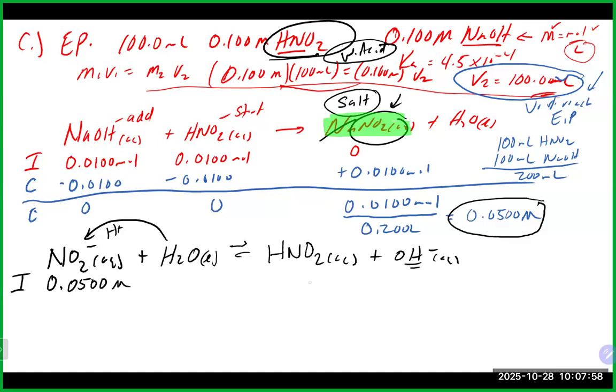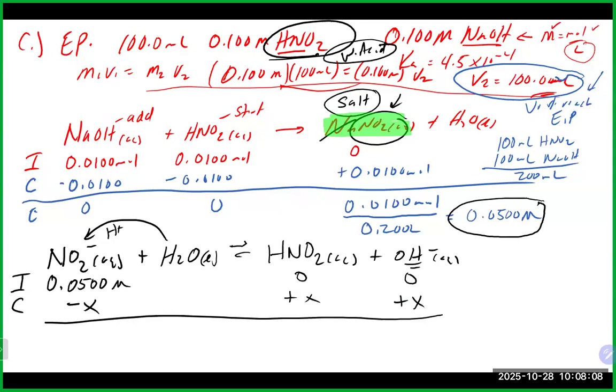And remember, we're going to go 0, 0. This is now going to turn into an X type table here. So plus X, that means at equilibrium, 0.05 minus X, X, and X. Questions on that so far?